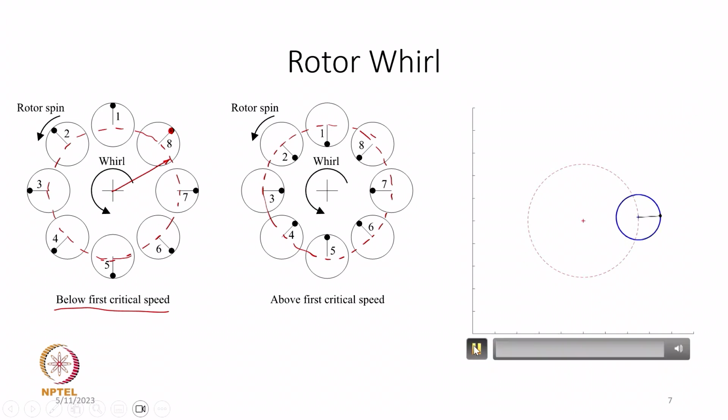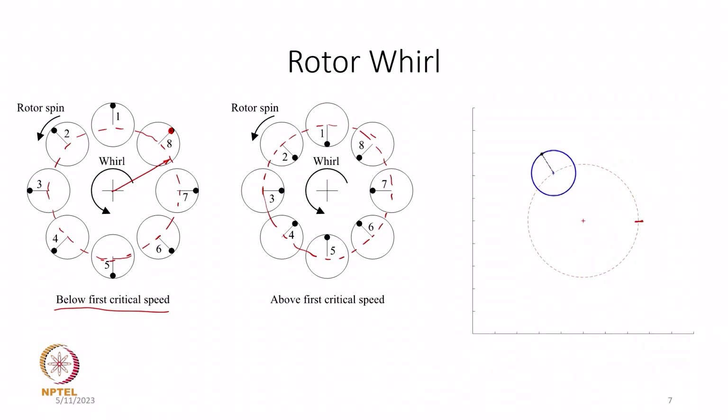Maybe I can show you this animation, how that motion is going to be. As it goes from this point and comes back to this point, you must notice that the shaft has spun by one full rotation, so 360 degrees. So 360 degrees of this whirl motion, and the same 360 degrees of its own spin motion, will simultaneously happen.